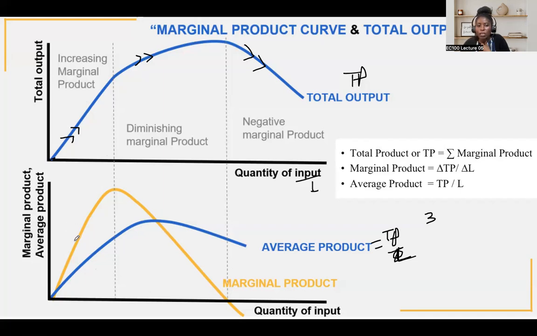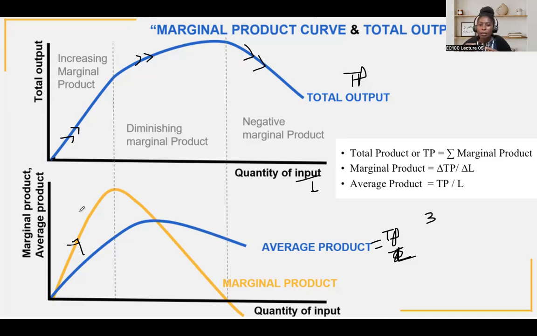Usually this is how it goes. When total product is increasing, marginal product starts by increasing, the more you hire additional labor, the more you get from the additional labor. But as you keep hiring and hiring, it becomes less gain for every additional labor, if that makes sense.